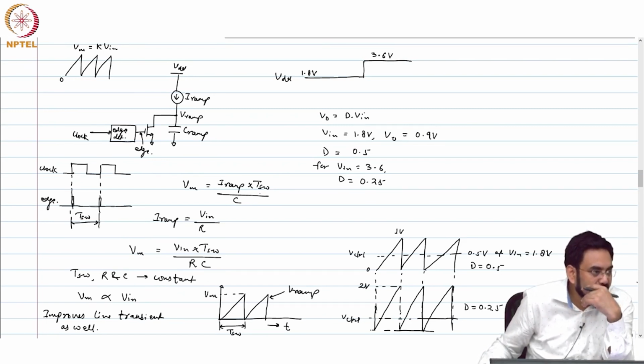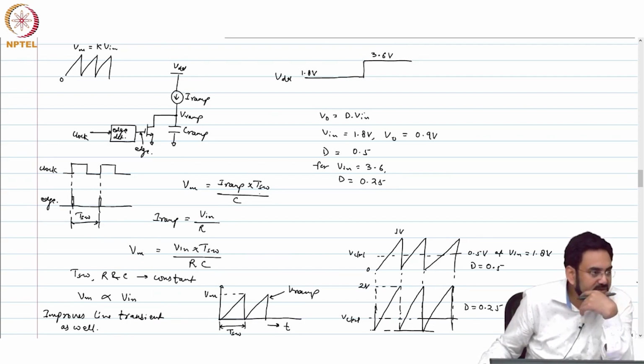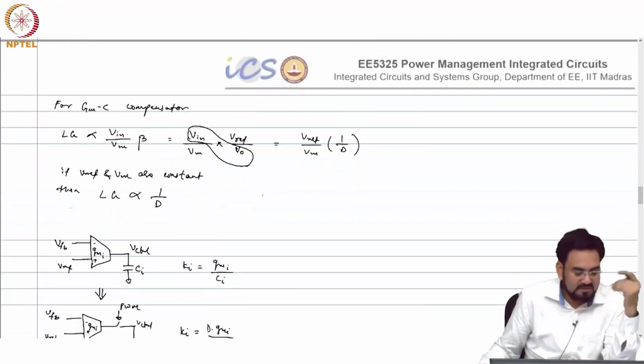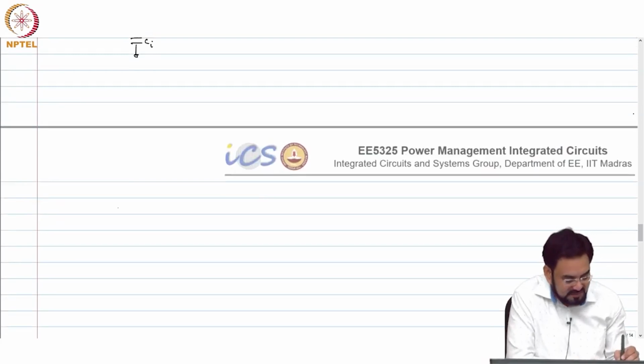How will the IRAMP be controlled? You have to design a current reference which will be a function of Vin. So one way to design your current reference is this.